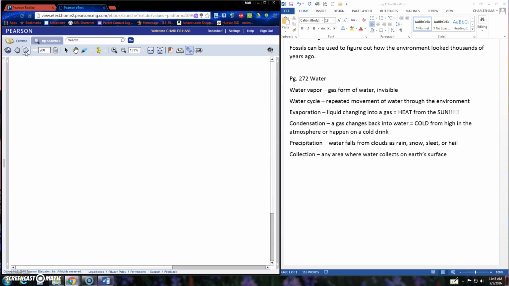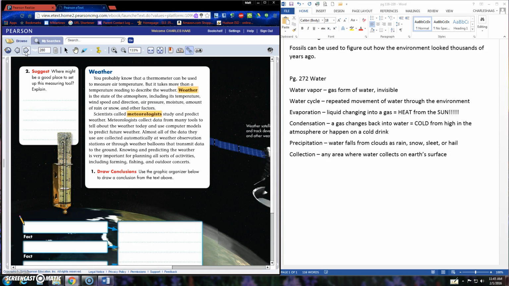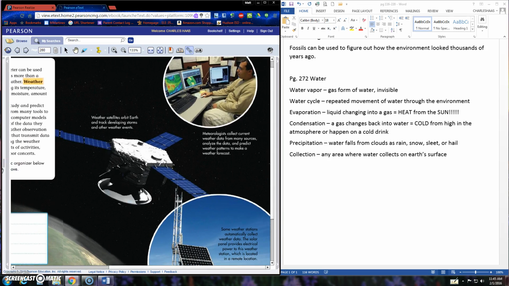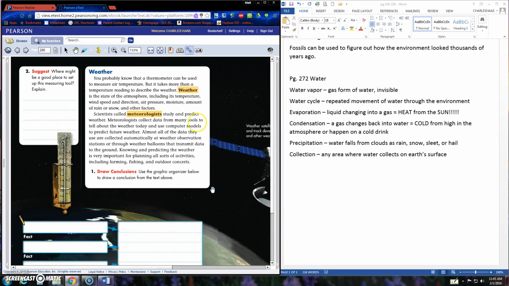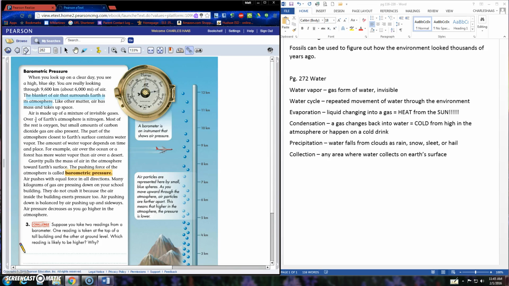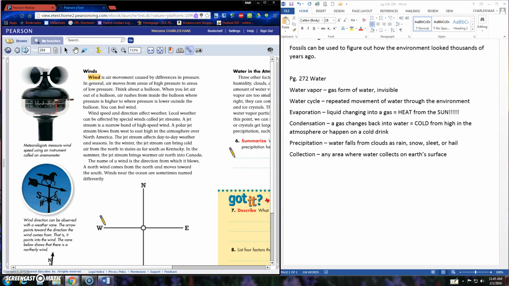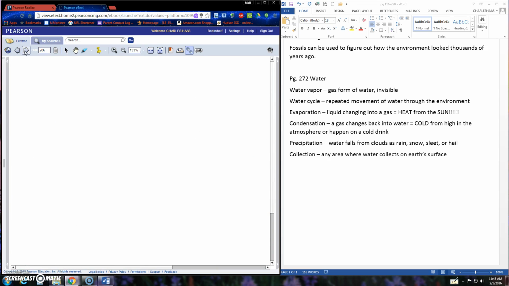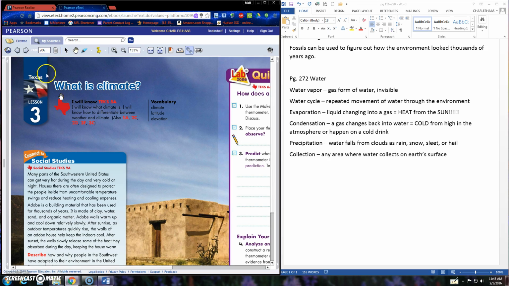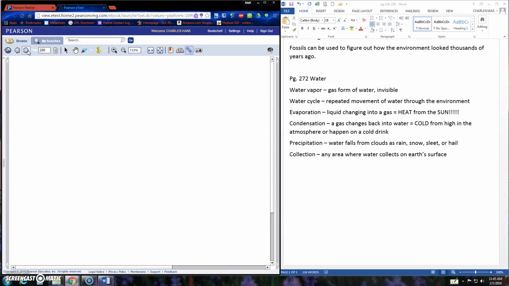What is weather? I think we've already done weather, haven't we? I believe we have. We already have these notes. We've talked about weather, the state of the atmosphere. We talked about barometric pressure. We're good on that one. Page 286. What is climate? We've talked about climate. You already have notes about climate.